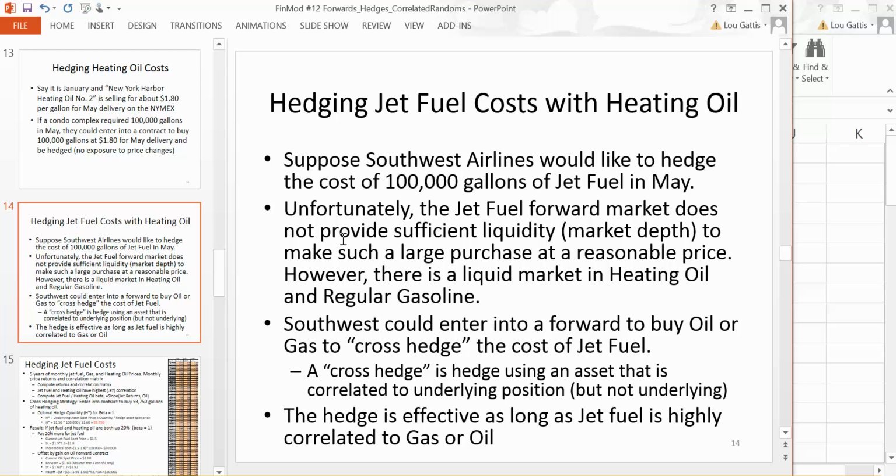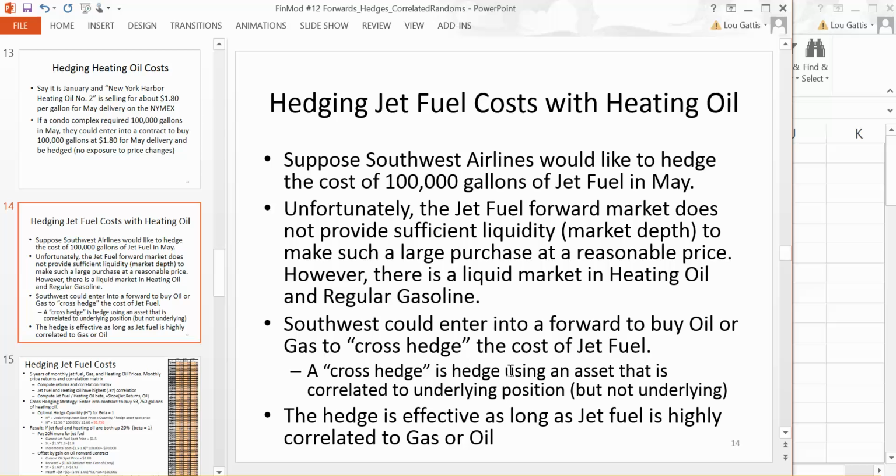In that case, Southwest will be unable to enter into a forward contract to buy the jet fuel required. However, Southwest could enter into a forward contract to buy oil, say heating oil, or gasoline to cross-hedge the cost of jet fuel.